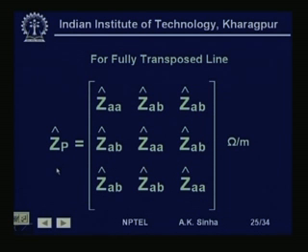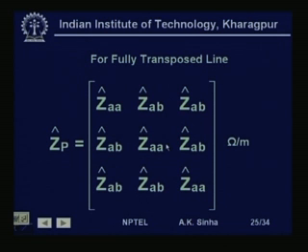So, finally for a fully transposed line, we get the series impedance matrix for the 3 phase system with ground return as ZP is equal to ZAA, ZAB, ZAB, ZAB, ZAA, ZAB, ZAB, ZAB, ZAA.